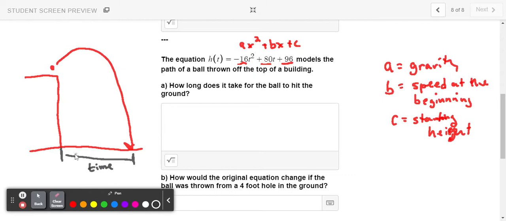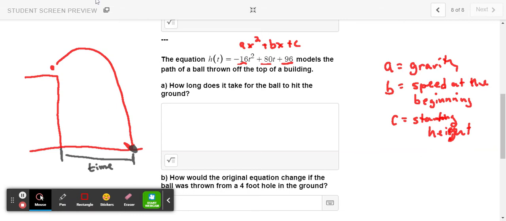So you are trying to find this point right here, and specifically the x value of the point. That point has a specific name, and you can see it is the x-intercept. It is where the ball lands, and the x-axis is the ground, so that point is the x-intercept. So all we need to do here is to find the x-intercept.